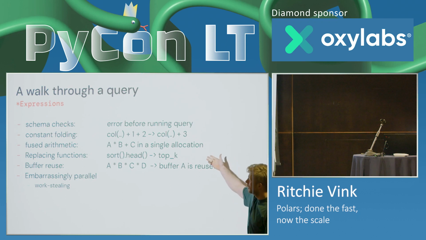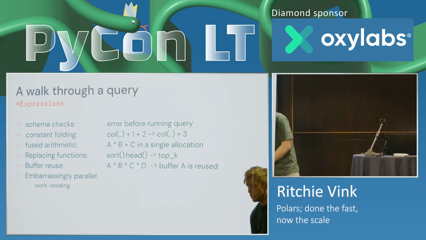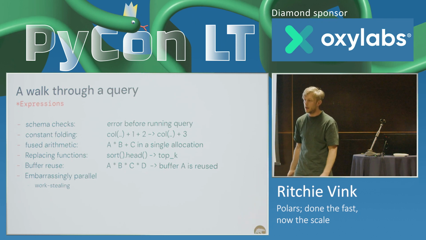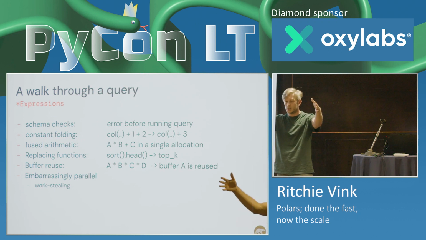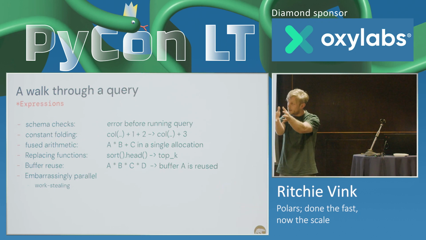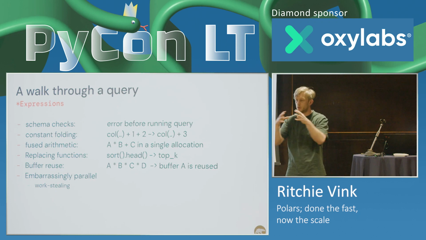Fused arithmetic. So, for instance, A times B plus C, we do this in one operation. So we allocate once, and we take the columns, and in one allocation, we do this operation. We call that fused. So you fuse it in a single loop.